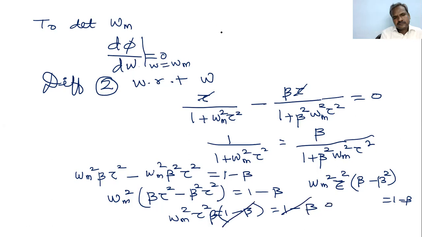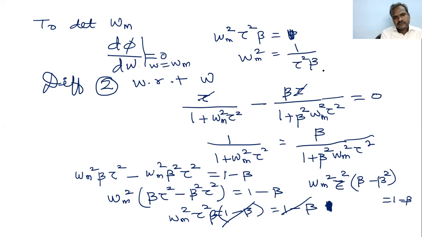So omega m square tau square beta equal to 1. Sorry, 1, not 0. So omega m square equal to 1 by tau square beta.